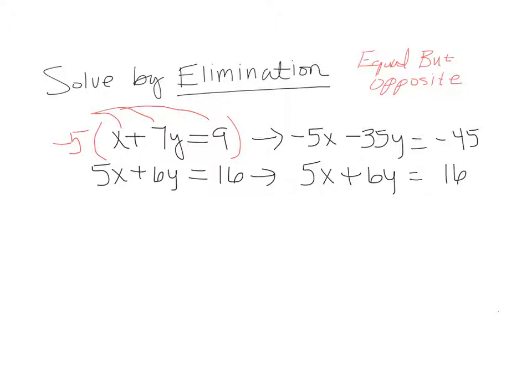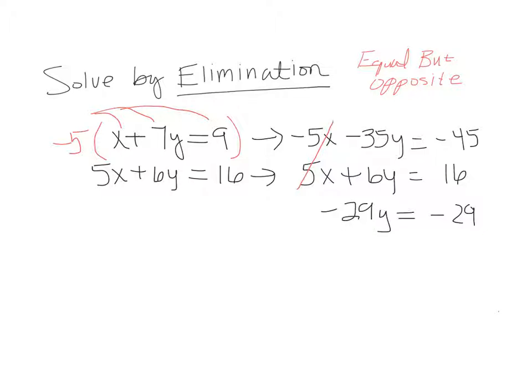Now we're going to combine the two rows through addition. Alright, so -5x plus 5x cancels, and that's what we were hoping for. And then we have -35y plus 6y, which gives us -29y equals, and then -45 plus 16 happens to be -29 as well.